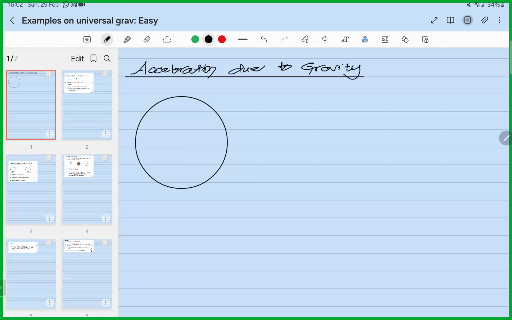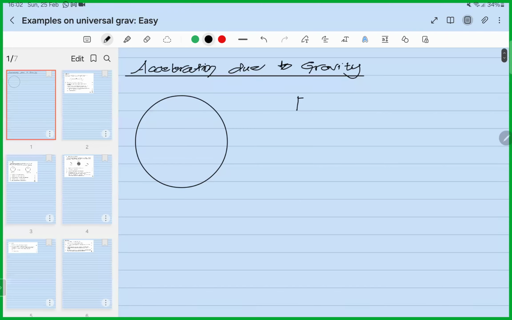We know that the weight of an object is given by the formula Fg, which is your gravitational force, is equal to mg. Now here, the small letter g is what we actually are going to calculate. We're going to calculate the acceleration due to gravity on a planet.